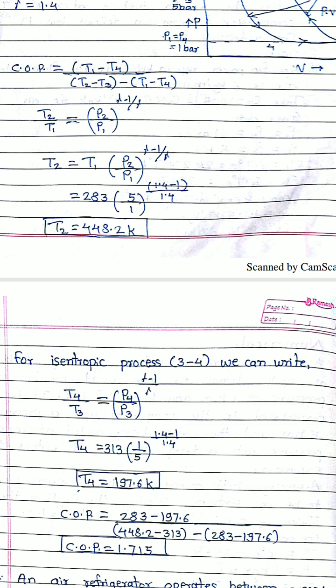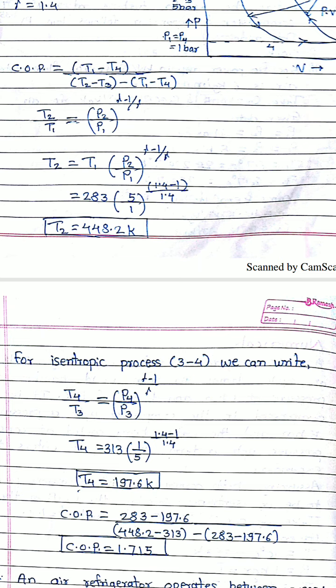Put all these values: T1 is given as 283, T4 is calculated as 197.6, so 283 minus 197.6 divided by T2, calculated as 448.2, minus T3, given as 313 Kelvin, minus the same bracket (T1 minus T4). After calculation and simplification, the coefficient of performance COP is equal to 1.715, or you can write it as 1.72. So this is the basic problem on a Bell Coleman cycle.